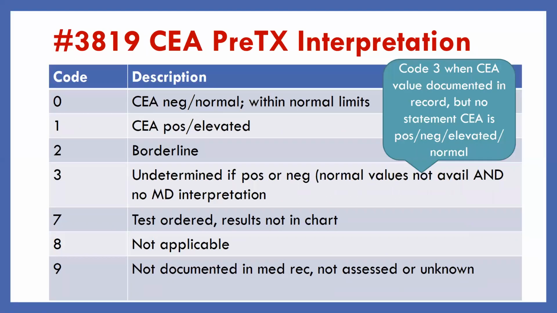When the SSDI changes came out for version 1.7, this code 3 got updated so that if you have a CEA value documented in the record, but no interpretation, you will code it as a 3 because you do not know what the normal ranges are, and the physician is not telling you if it's normal, positive, negative, or elevated.